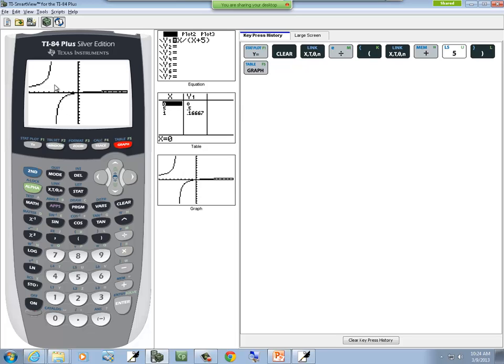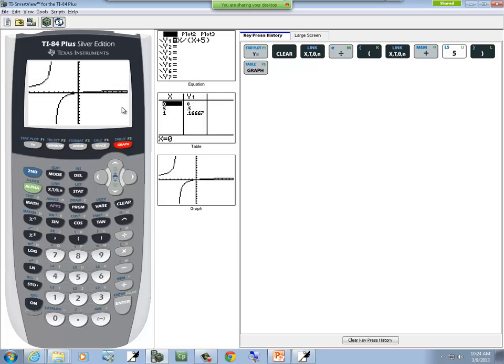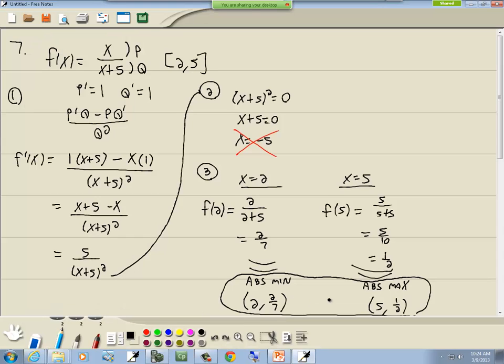You can see over here -5 is where it's not defined. And then we're looking from 2 to 5. You can see it's going up as it goes from left to right. So it's obvious that this is absolute min, this would be absolute max.